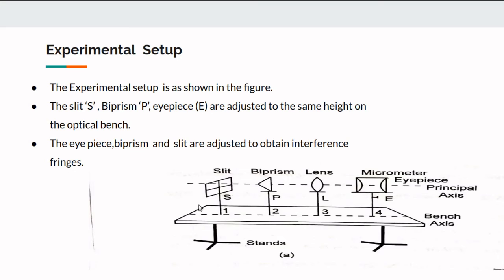All these four are arranged on the optical bench at the same height, and the heights and positions are adjusted to obtain interference fringes. The position of the source, the distance between the biprism and the slit and the microscope are all adjusted to the same height to produce interference fringes, which are observed through the eyepiece.